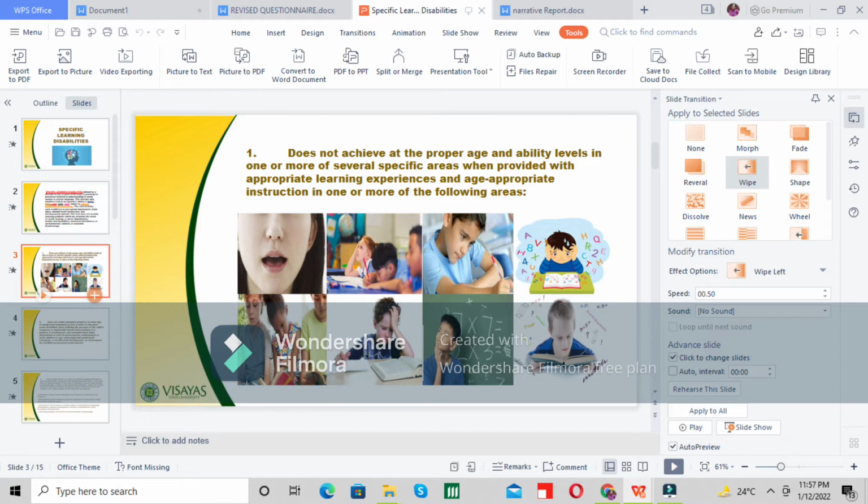Then the next is written expression. A while ago I mentioned oral expression, where they can express their thoughts through speaking or saying it to another person. Written expression is when a child can express their thoughts by writing. There are so many people who became famous because of writing.